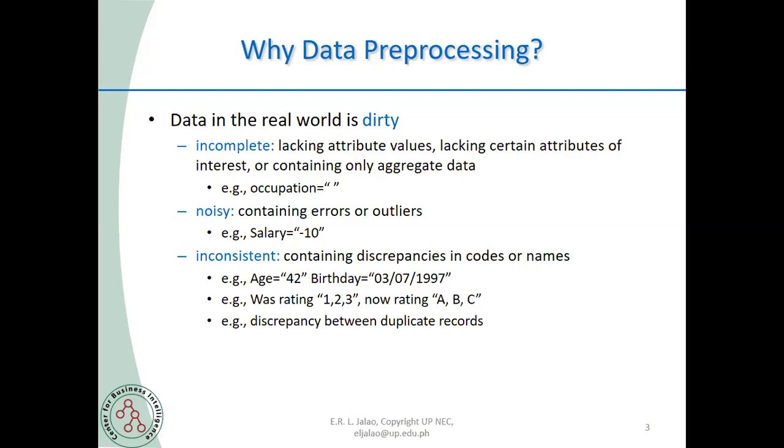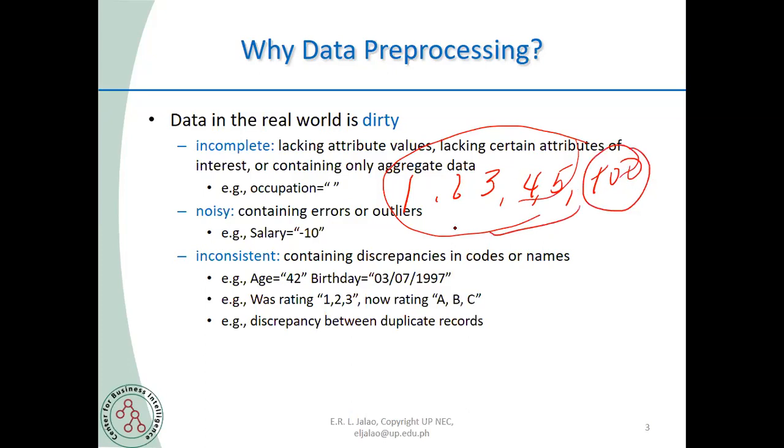Another one is noisy. When it is noisy, it contains errors or outliers. For example, we have data sets like 1, 2, 3, 4, 5, and 100. So it has an outlier. Since 1, 2, 3, 4, 5 are parang hindi sila nagkakalayo, yung 100 is malayong malayo sa dataset na to.